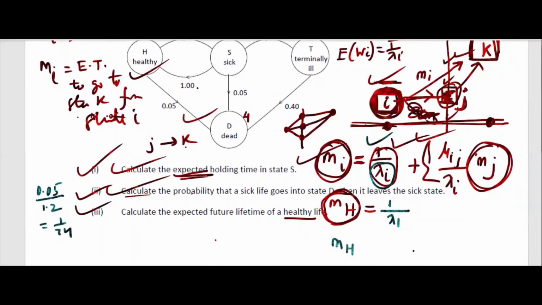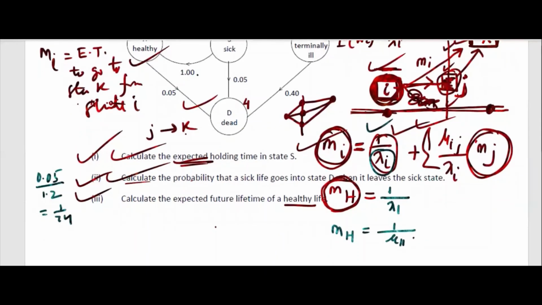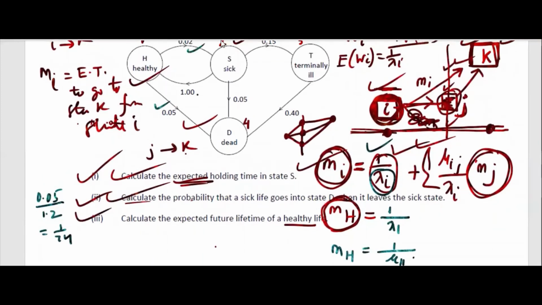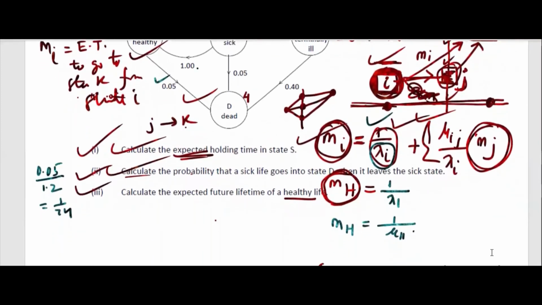MH is equal to 1 upon mu 11, that is mu ij, j is not equal to I. This one plus this one I have to add, okay, that will be equal to, let me write directly, one by 0.07, okay.